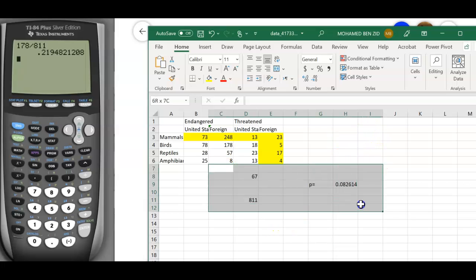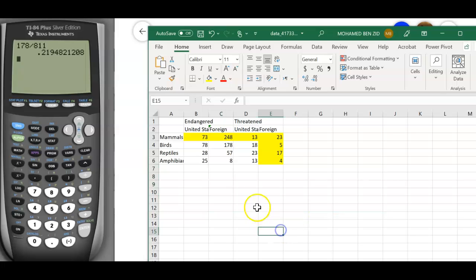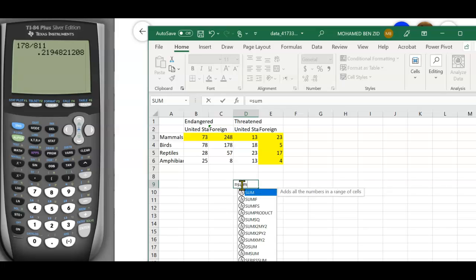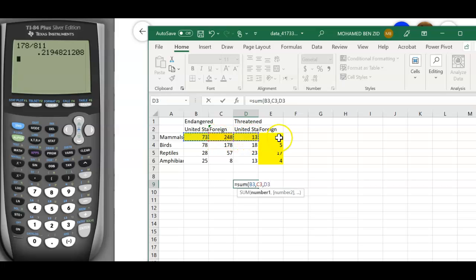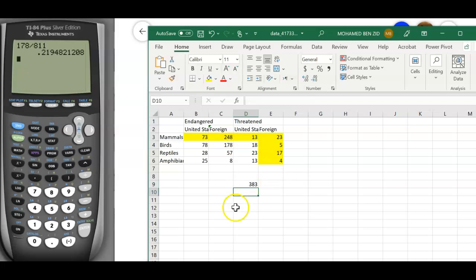I'm going to use equal sign SUM, parentheses, and hold the Control key if I'm using a PC, and click on them one by one. Every time you click on one of the cells, it adds up. Then close the parentheses and enter. The sum of this is 383.